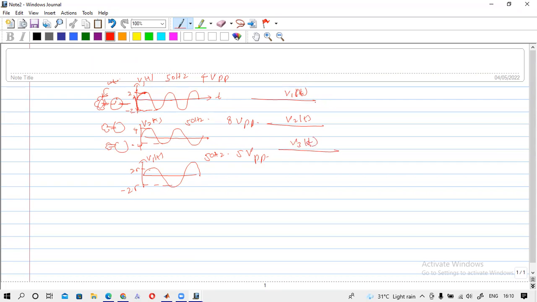If I add these three signals, what is the output? Before that, how can we add these voltages? Do you have any suggestion?